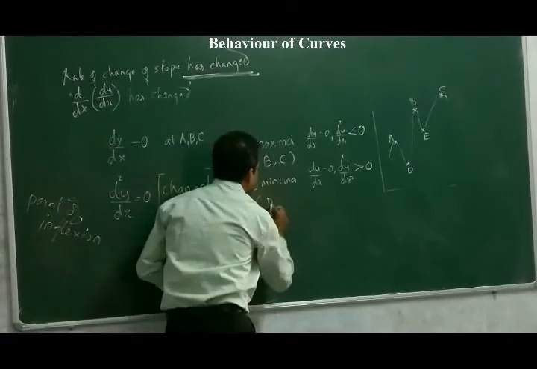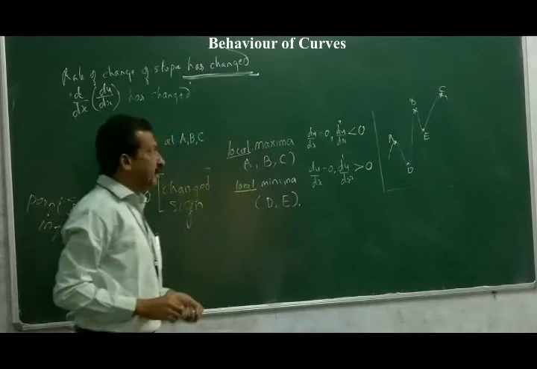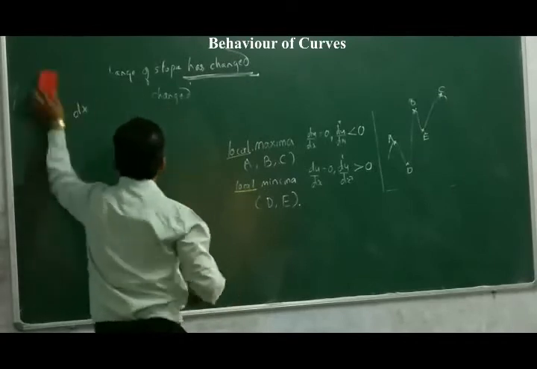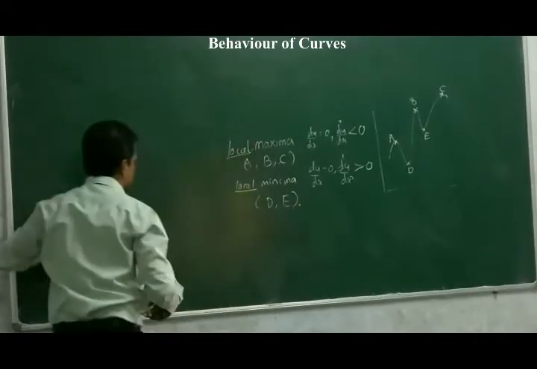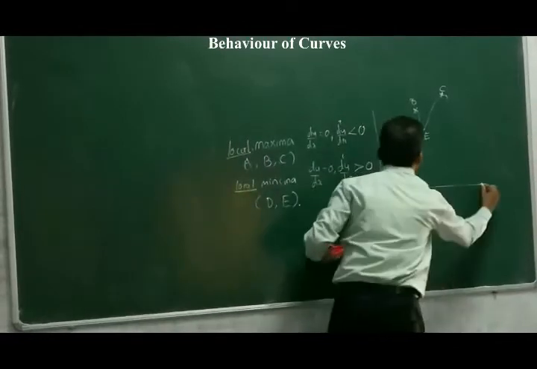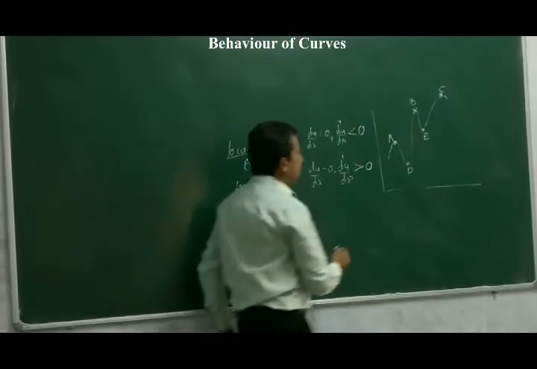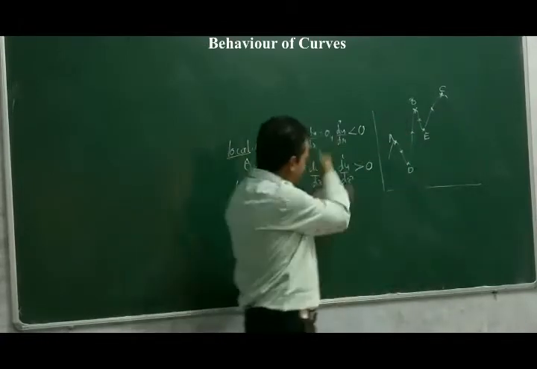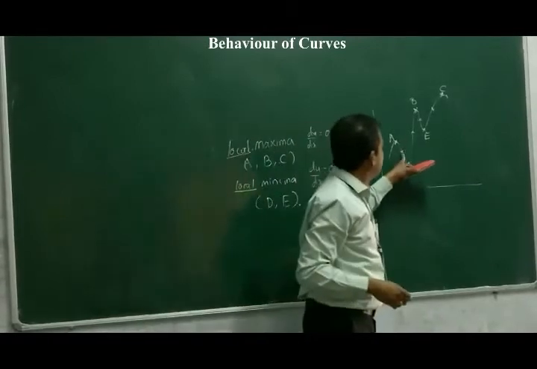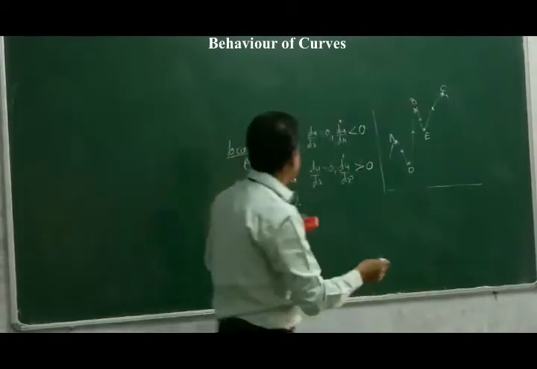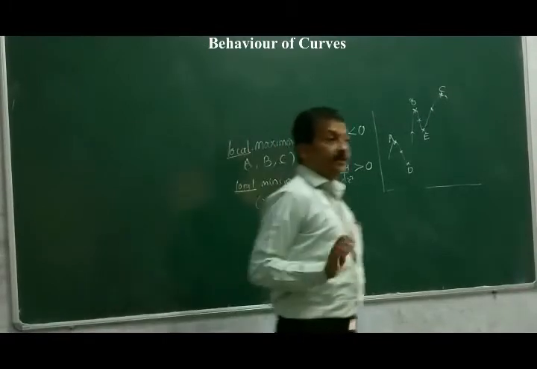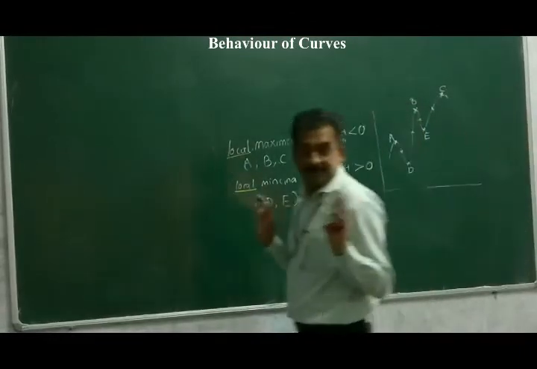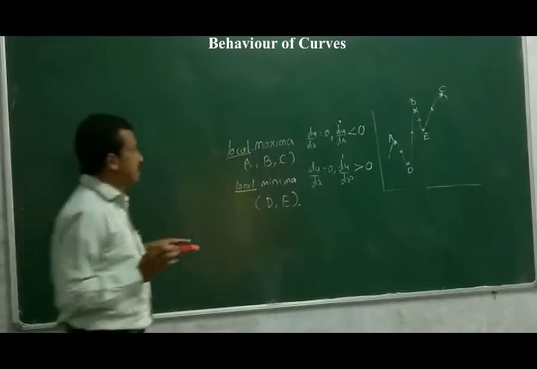D and E. And of course, these points, I'm not marking it again, those are all points of inflection. So there dy by dx has no speciality, they will be all non-zeros.